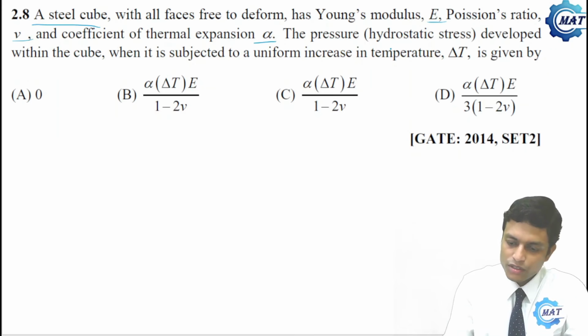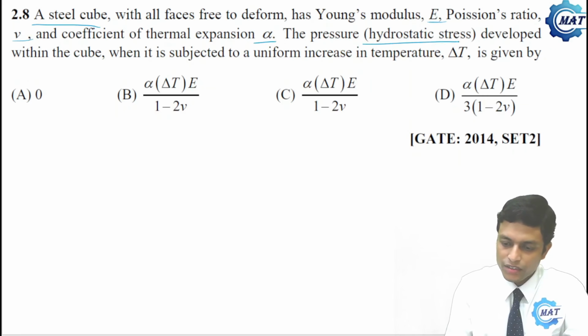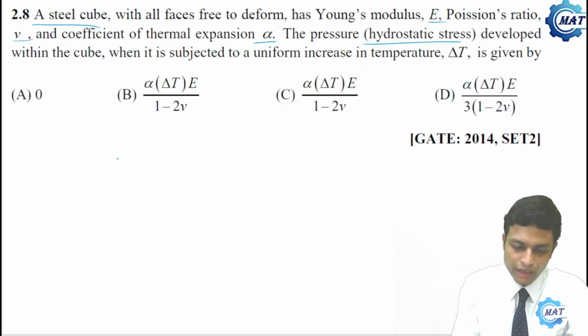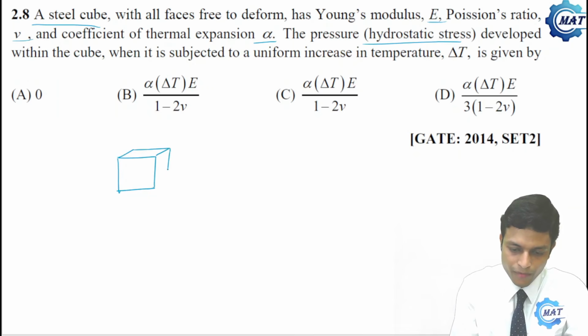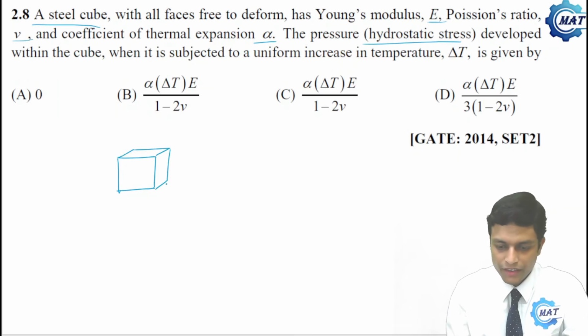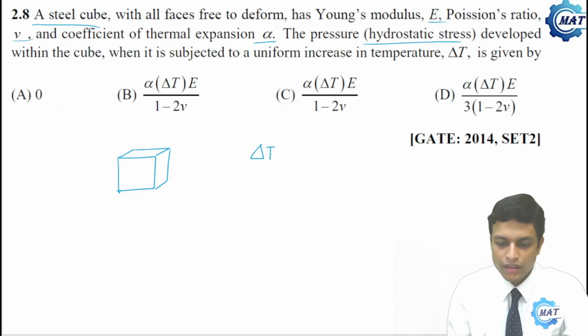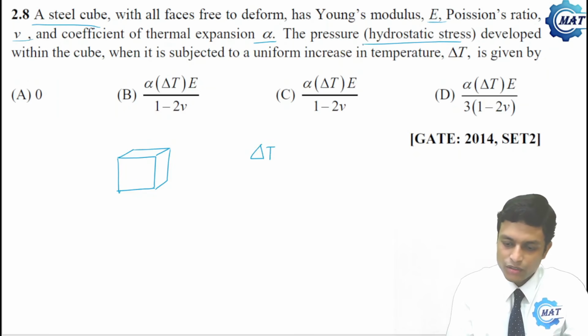The pressure or hydrostatic stress developed within the cube when it is subjected to uniform increase in temperature delta T. So the steel cube is kept freely. It is free to expand in all directions and temperature is uniformly increased by delta T. So what will be the stress developed? Hydrostatic stress or pressure developed within the cube.